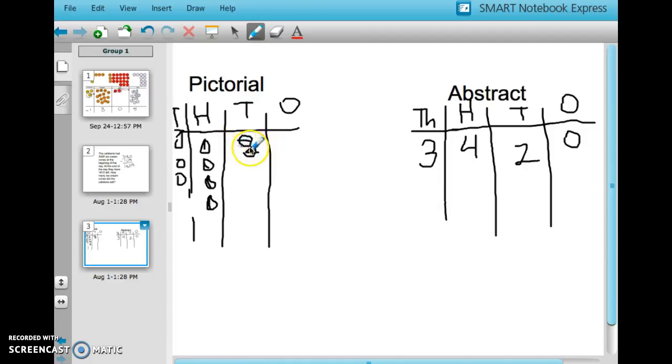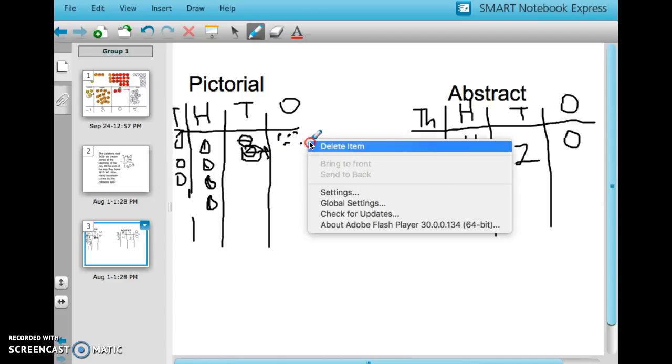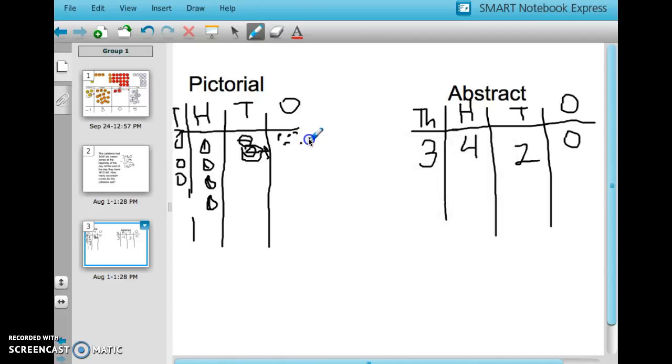So what we're going to do is regroup from the tens place and move it over to the ones place. So that's 1, 2, 3, 4, 5, 6, 7, 8, 9, and 10.